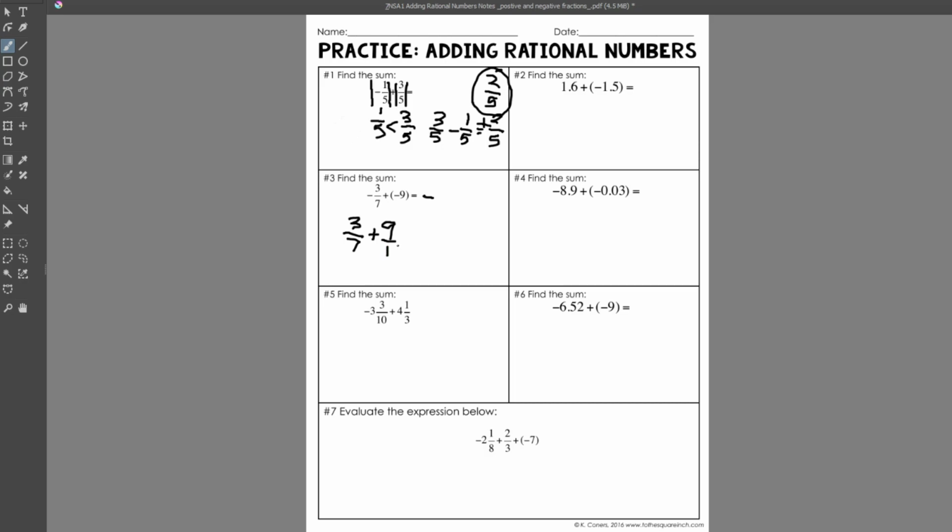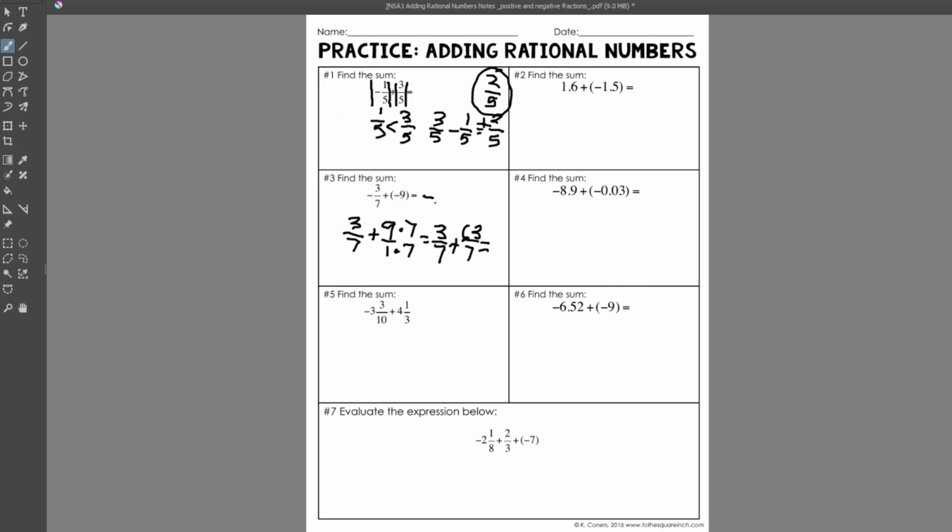And I need to find myself a common denominator. Well, this is a 1 versus a 7 here, so we need to find a common denominator. In this case, it's going to be 7 for both. So I'm going to have 3 sevenths still, but then 9 times 7 is 63 over 7.